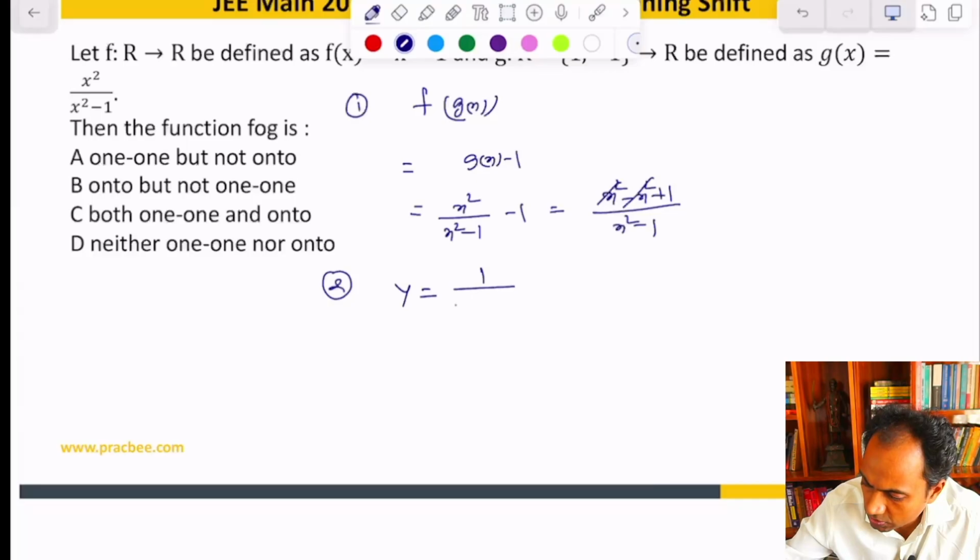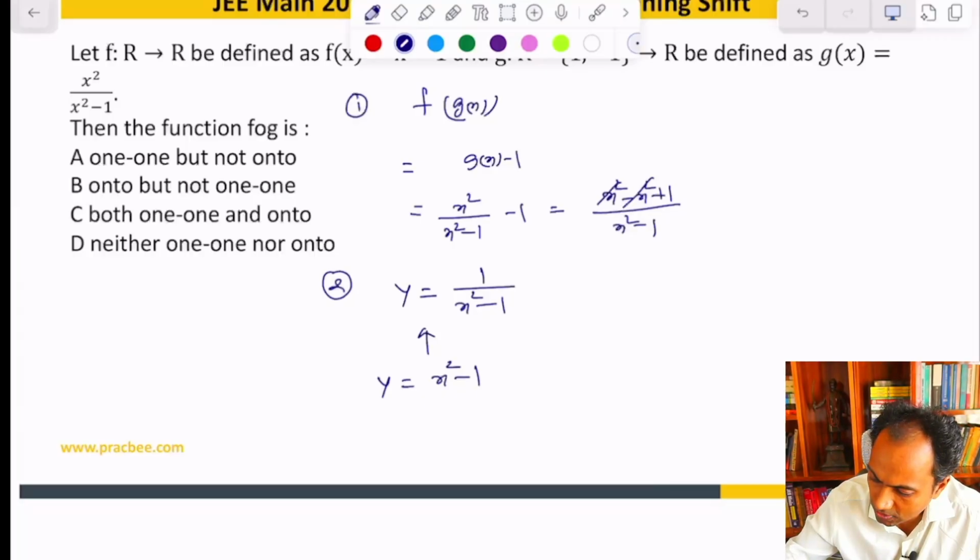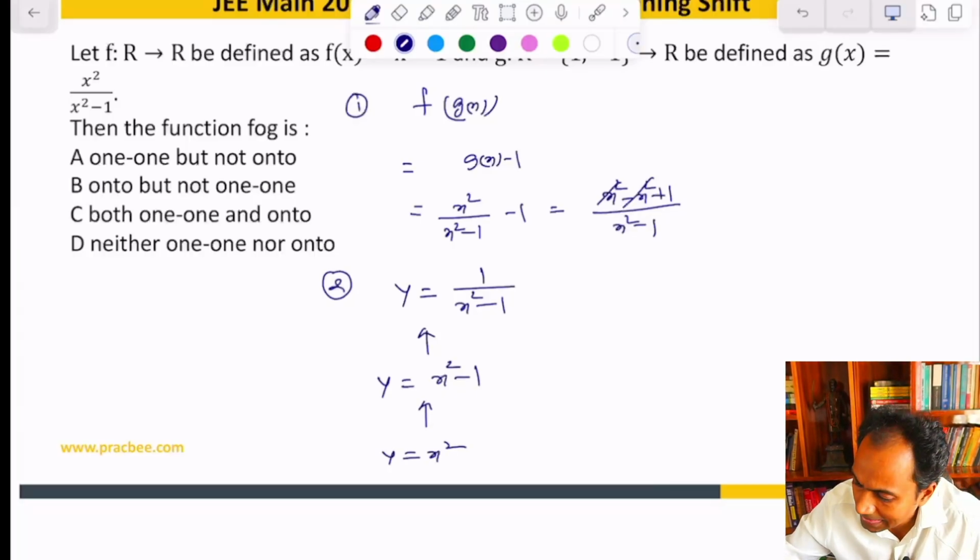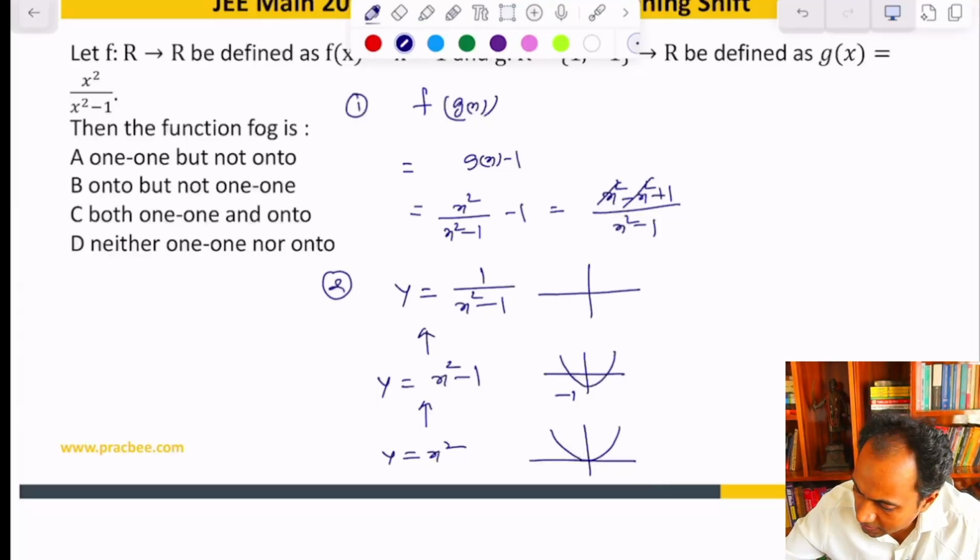What I want to do is draw the graph of 1 upon x square minus 1. In order to draw this graph, I will have to draw the graph of x square minus 1. Even if I don't know this, I can draw the graph of x square, and that graph I think everybody knows. So this graph is something like this. If I subtract 1, it will go like this. And then if I take the inverse, this part would be below and this part would be like this.